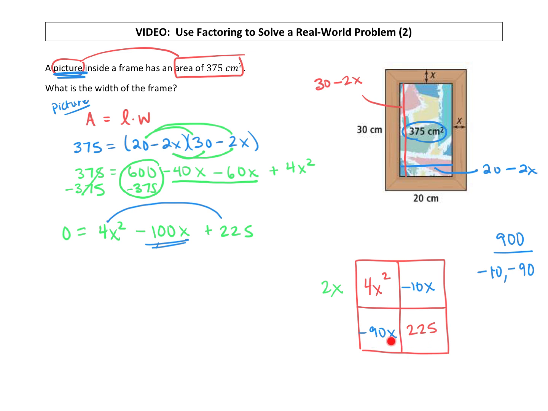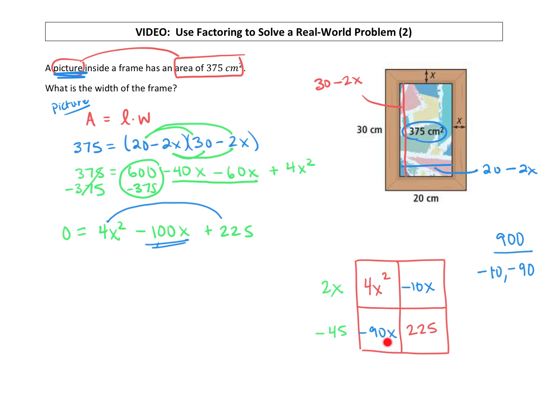Negative 90x and 225. So this negative 90x would be considered our leading term. So that tells me that I want a negative GCF. And the GCF for 90 and 225 is 45. So that's going to be a negative 45. All right, now we're going to find the GCF of each column.